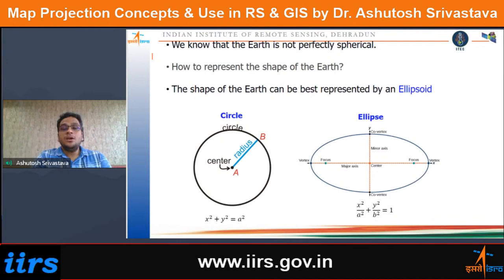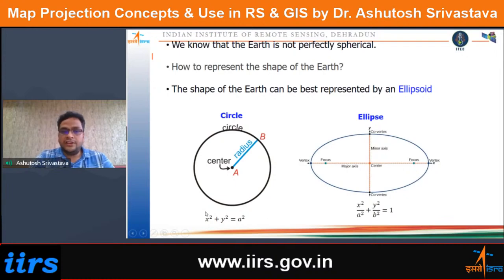But our Earth is not perfectly represented by a sphere. So what we have to do, not from mathematics, I will just explain in a very simple way. You take the circle and just press it from top and bottom. You may see the right side figure, it looks like this.